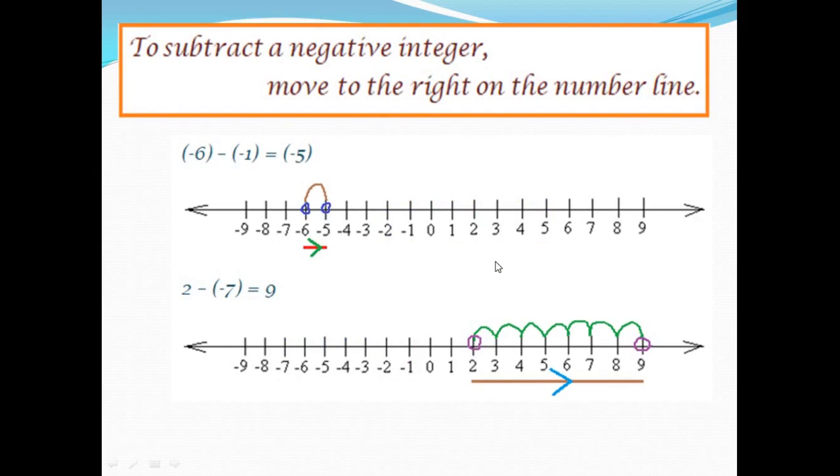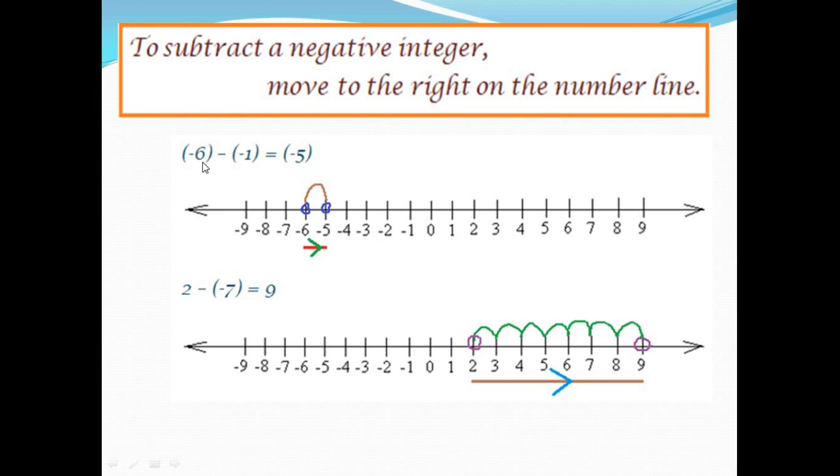Now, to subtract a negative integer, move to the right on the number line. Here, we are going to subtract a negative integer from any other integer. Look at the first example. Here, we are going to subtract negative 1 from another negative integer, negative 6.